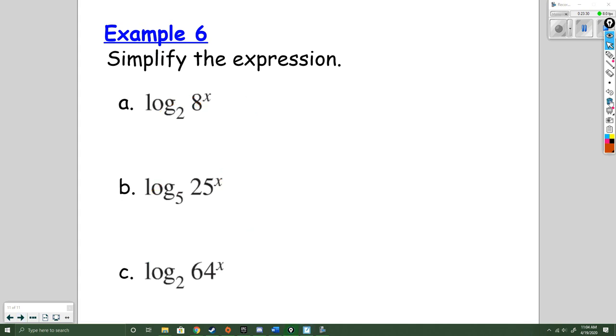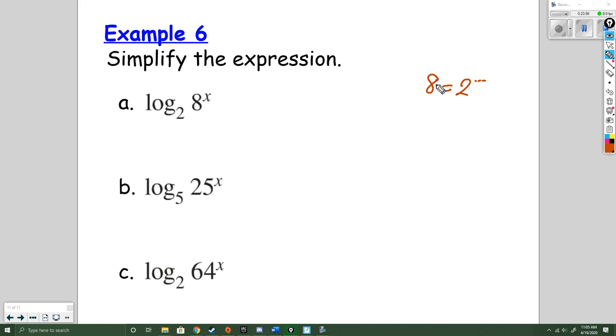If we move on to the next ones, now it's in logarithmic form, so log base 2 of 8 to the x power. The logarithm and the exponent don't have the same base here, but we could rewrite one of these so that it does. With the skills that we have, we could change 8 and write it as 2 to some power.